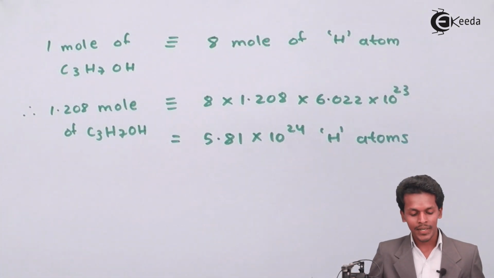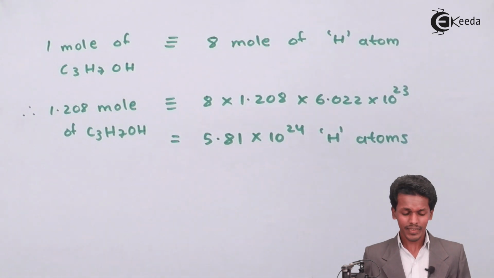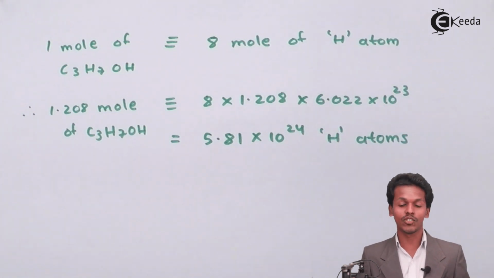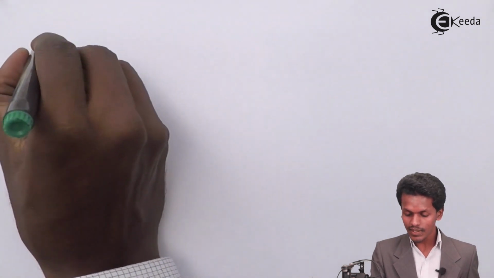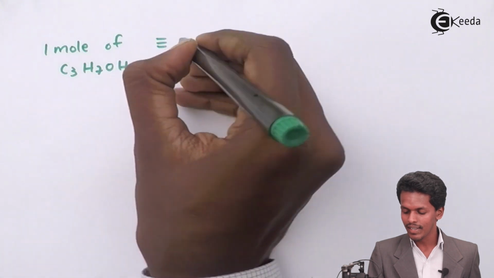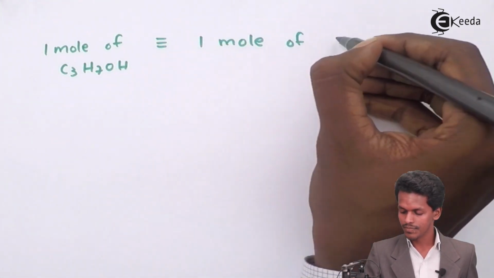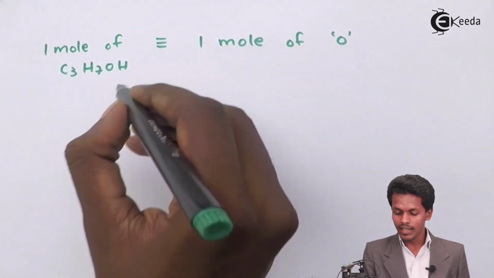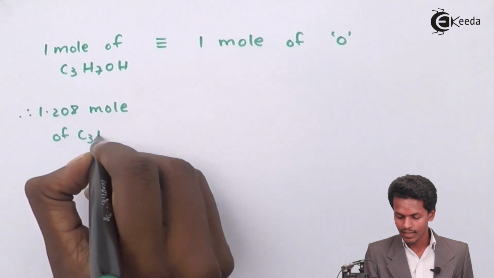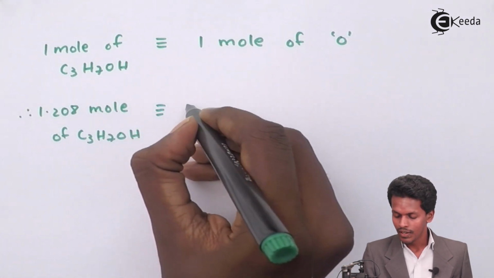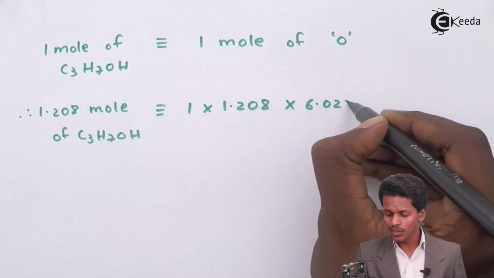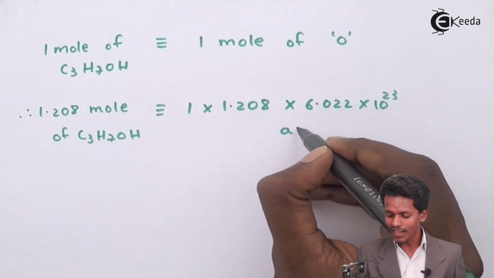The next thing we have to calculate is the number of oxygen atoms present in isopropanol. 1 mole of isopropanol, C3H7OH, will contain, as you can see, 1 mole of oxygen atoms. So 1.208 mole of isopropanol will have 1 into 1.208 into 6.022 into 10 raised to 23 atoms of oxygen.